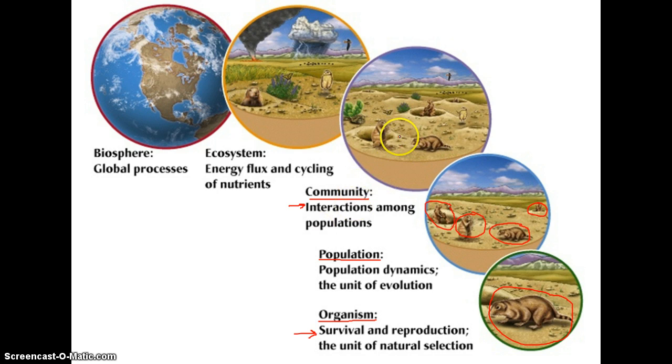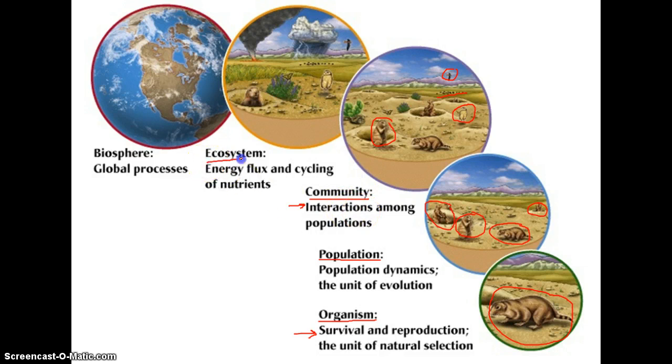Okay, so not only do we have one species here, like this prairie dog, but maybe not super easy to tell, back there is an owl, and here's some other type of predatory bird. And way back on the plains, we have some type of grazing mammal, some buffalo or something like that. So here we have multiple different populations, but they're all, once again, in close proximity to each other. So we have an interaction among populations.